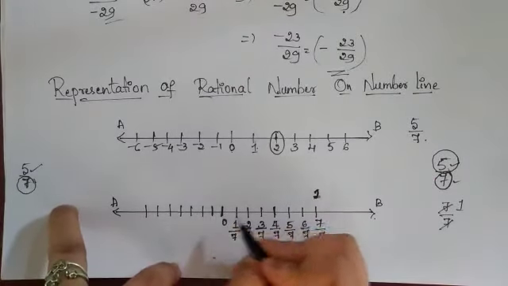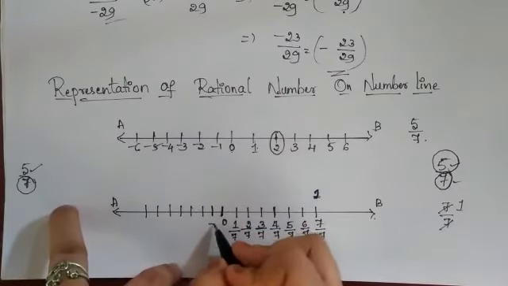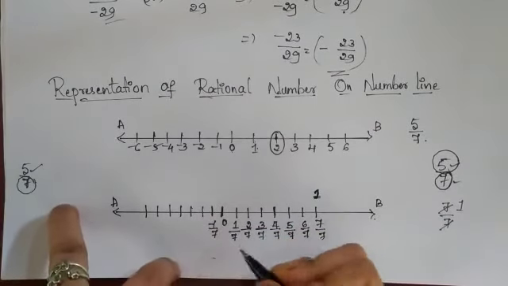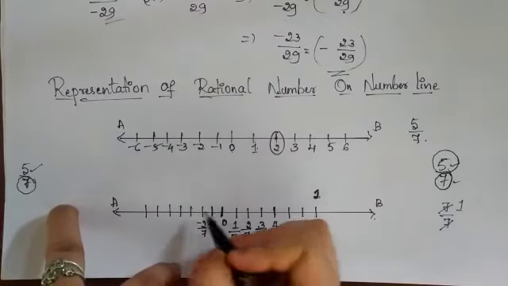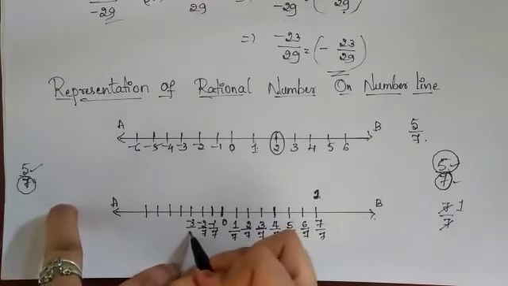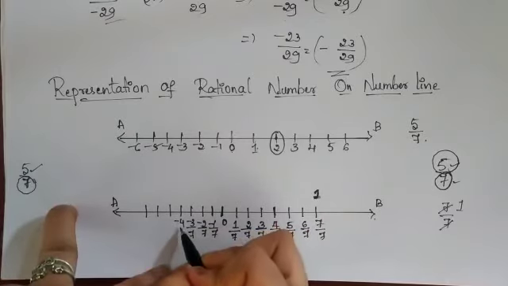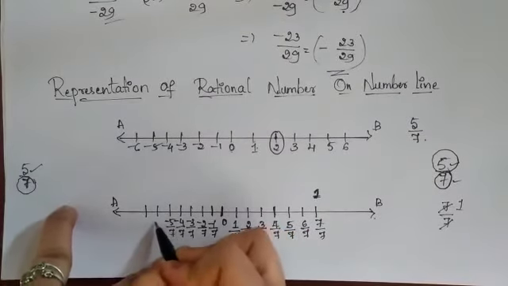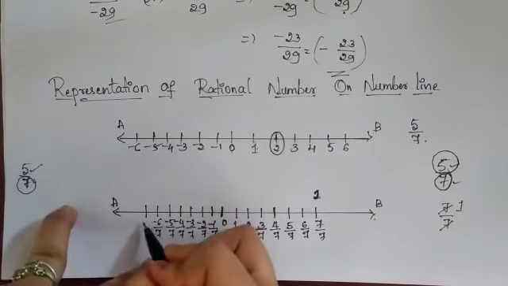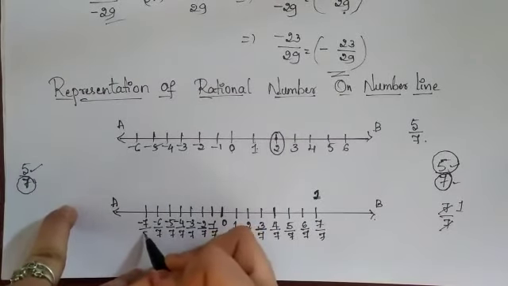Similar to this, I'll do it on the negative side. The first line represents negative 1 by 7, that is minus 1 by 7. Second line minus 2 by 7. Third line minus 3 by 7. And the fourth one is minus 4 by 7. Fifth one minus 5 by 7, minus 6 by 7, minus 7 divided by 7.